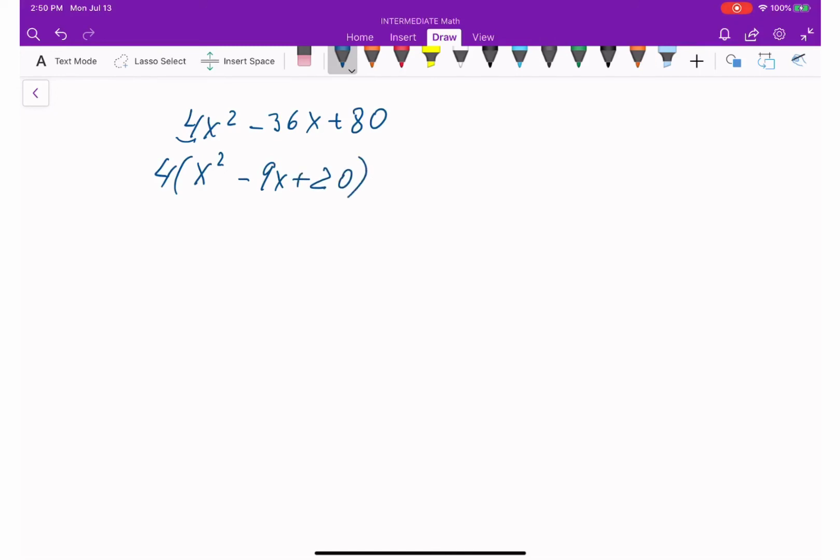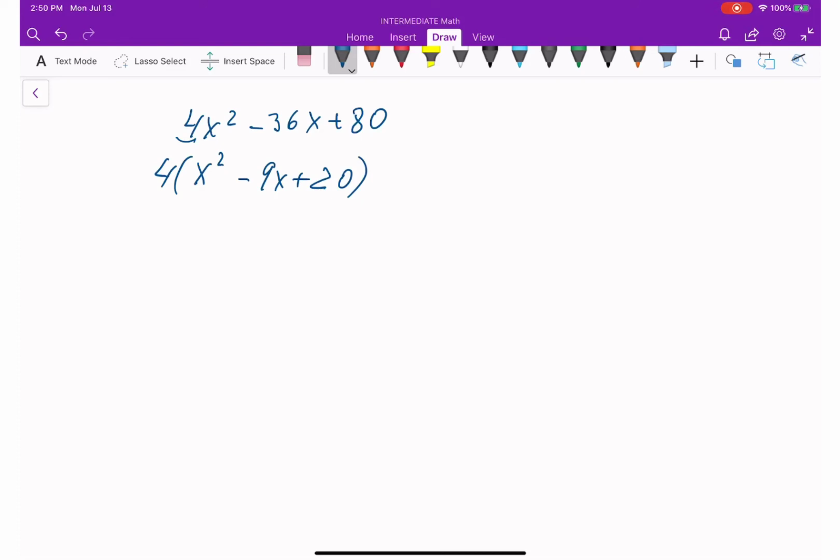Now, can we break down x squared minus 9x plus 20? Well, let's see. 20 is positive, right? That means both numbers are positive or both numbers are negative. And 9 is negative. That means both numbers are going to be negative. Guess which two numbers multiply to get 20, and add to negative 9. Negative 4 and negative 5.